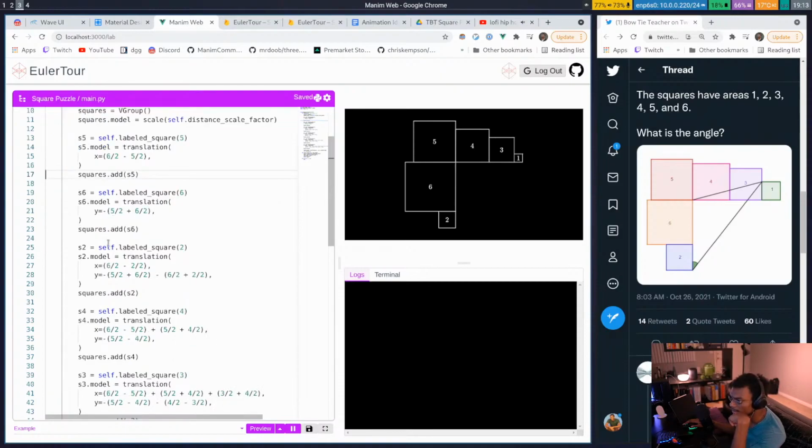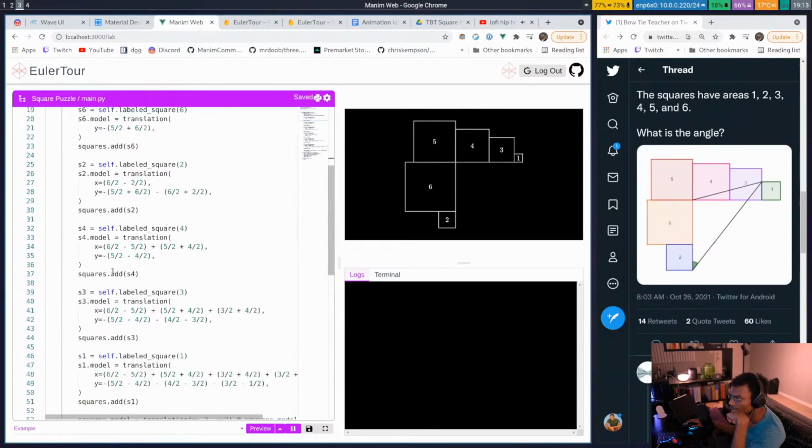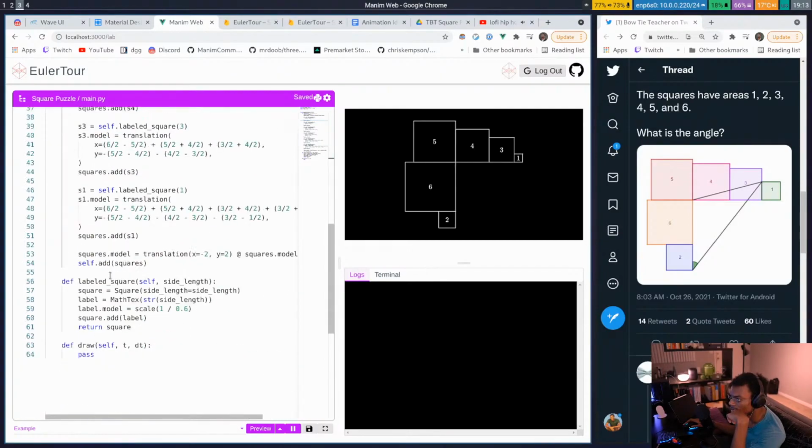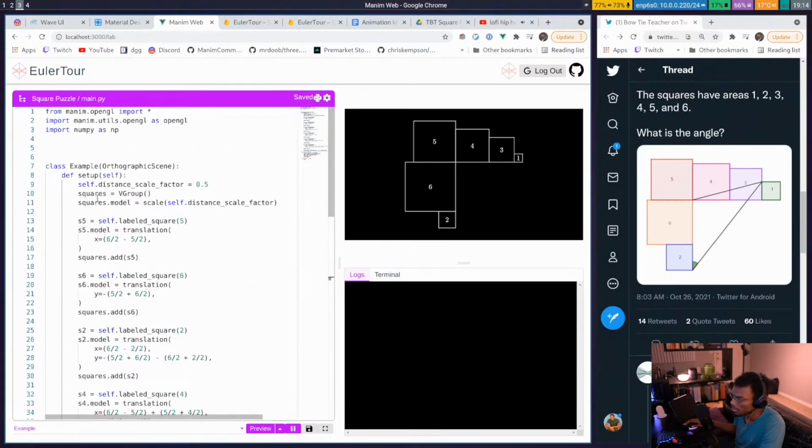Squares, add S5, S6. Squares.model. Self add squares. Okay, so I'm pretty much done with the squares. Oh, the thing is, I also want to scale everything by the scale factor pretty much.